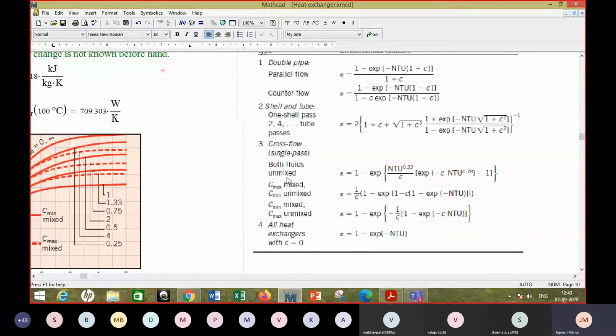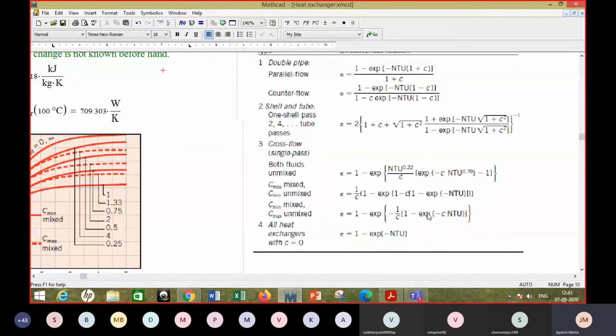The first one is both fluids unmixed. So it's clear that in our case, it's not both fluids unmixed. It's told that water is unmixed: C maximum is mixed, C minimum is unmixed. Now what is C maximum in our case? C maximum is water, which is unmixed, so we will have to use the third formula.